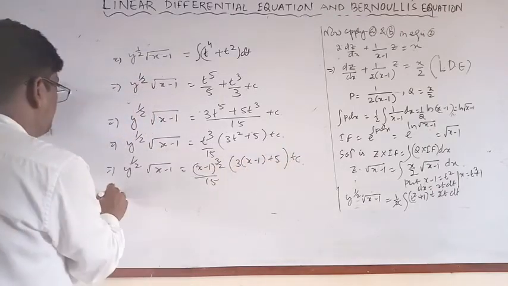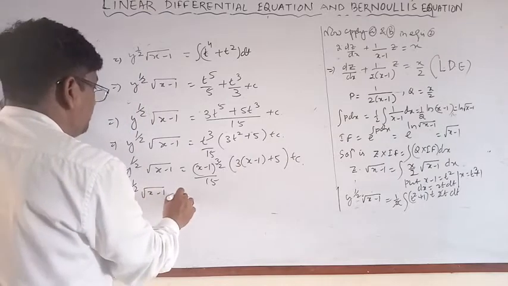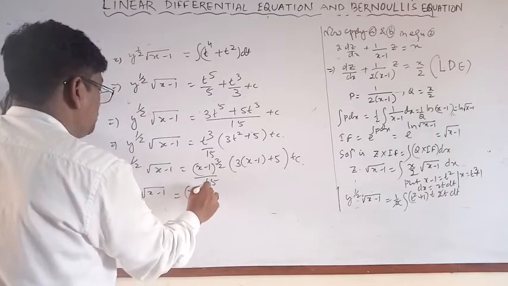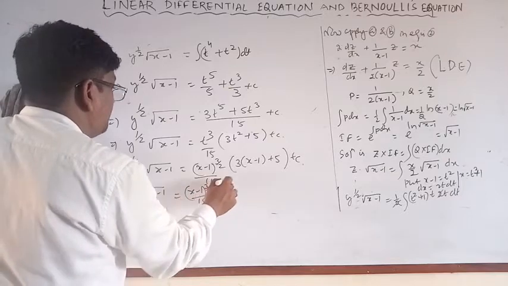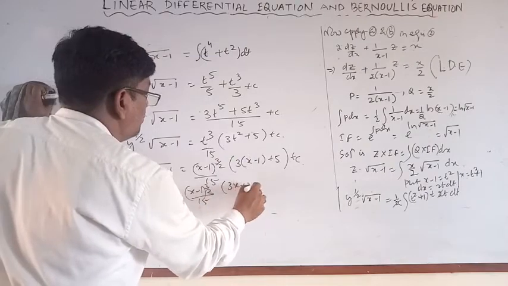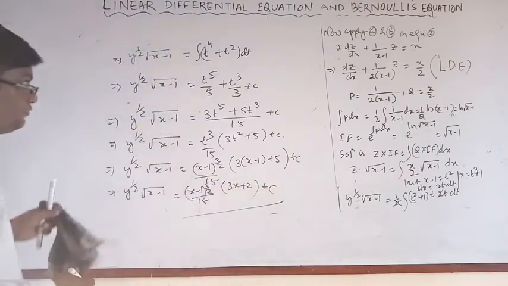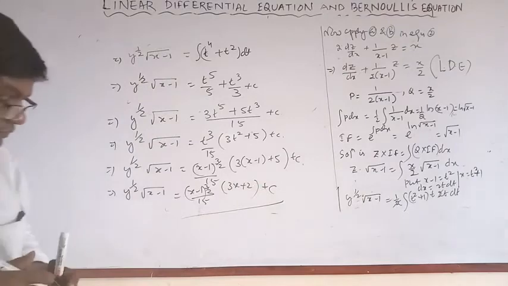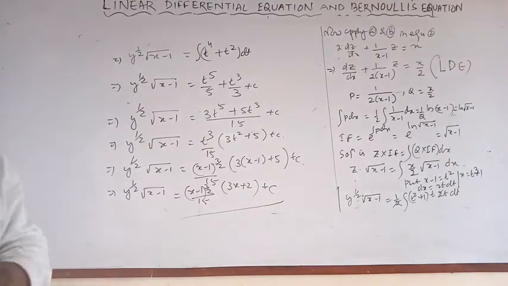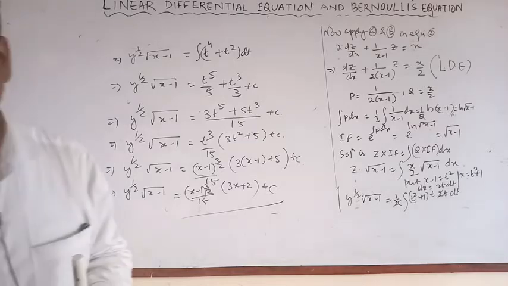So this is equal to y into 1 by 2 root over x minus 1 equals x minus 1 to the power 3 by 2 by 15 into 3x minus 3 plus 5, that is 3x plus 2, plus c. This is the answer. This is one question from Bernoulli's equation.